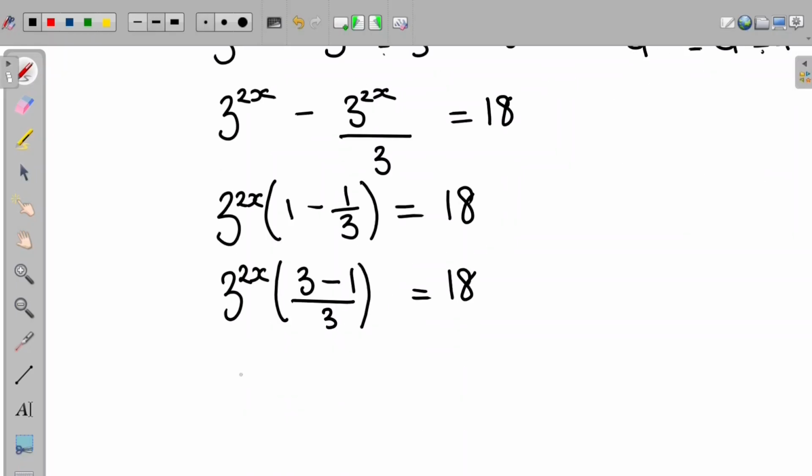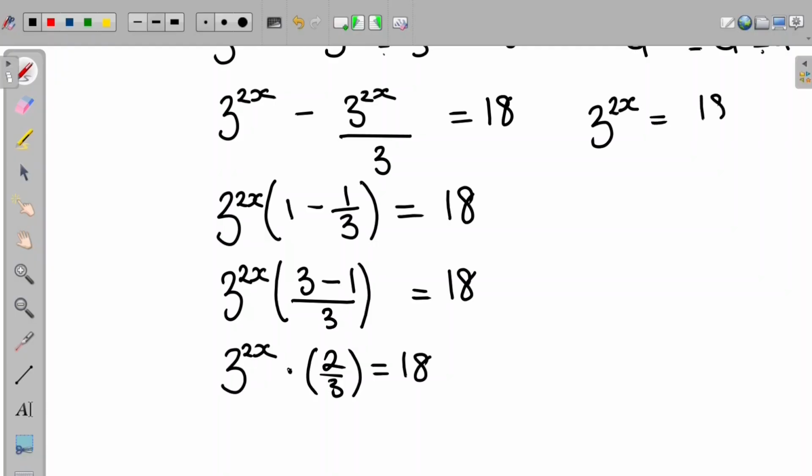So this becomes 3 raised to the power of 2x multiplied by 2 divided by 3 equal to 18. Now we can divide both sides of the equation by 2 divided by 3. So this becomes 3 raised to the power of 2x equal to 18 divided by 2 divided by 3.